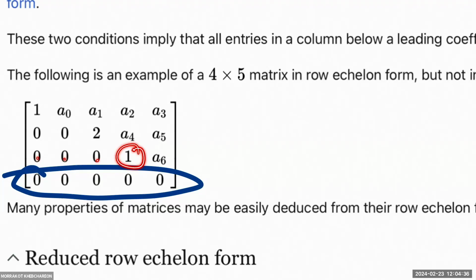So now the pivot is below this one and to the right, shifted to the right of the first pivot above. Basically, you think about a step. It just goes this way along the diagonal, or off the diagonal, that's okay too. Zero rows always stay at the bottom. So this is called the echelon form.